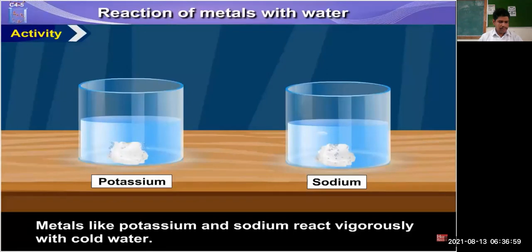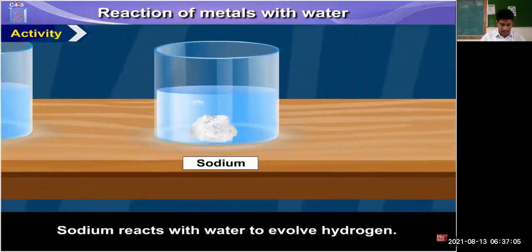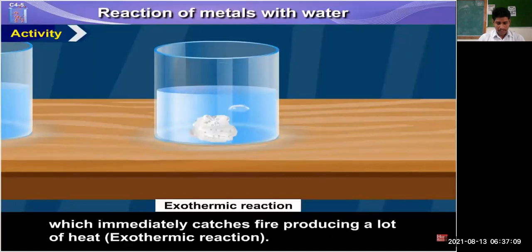Metals like potassium and sodium react vigorously with cold water. Sodium reacts with water to evolve hydrogen, which immediately catches fire, producing a lot of heat. It is an exothermic reaction.